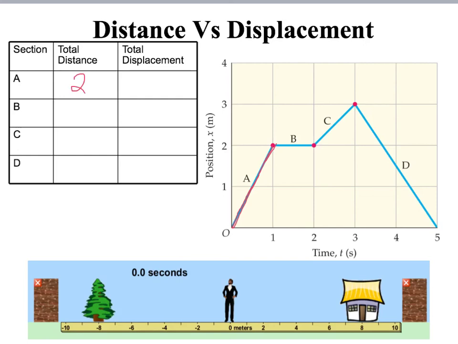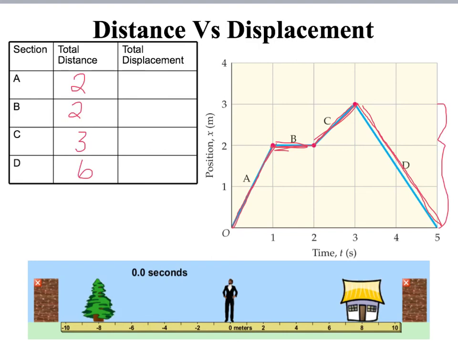Then during section B, he's not moved at all, so he's still at position 2, and his total distance is 2. During section C, he's moved 1 more meter, giving him a total distance of 3. And then, during section D, he's moved 3 more meters from position 3 back to position 0, giving him a total distance of 6.